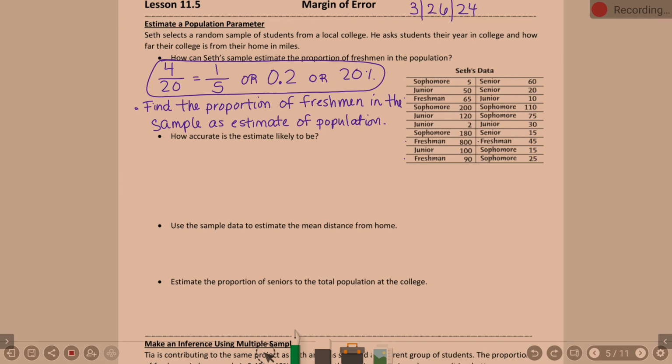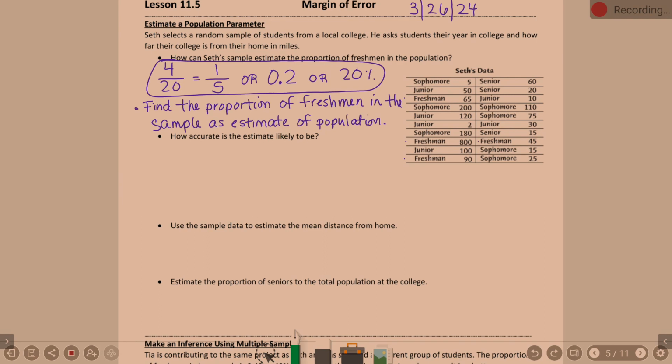And again, do we know? I don't know, maybe this is some crazy college where there's only 100 kids. I don't even know if something like that exists. But we don't really have enough information to know. Those are some thoughts on what would make this more accurate. The larger the sample, the more accurate it's going to be, and the more random and diverse the sample is, the better it's going to be.